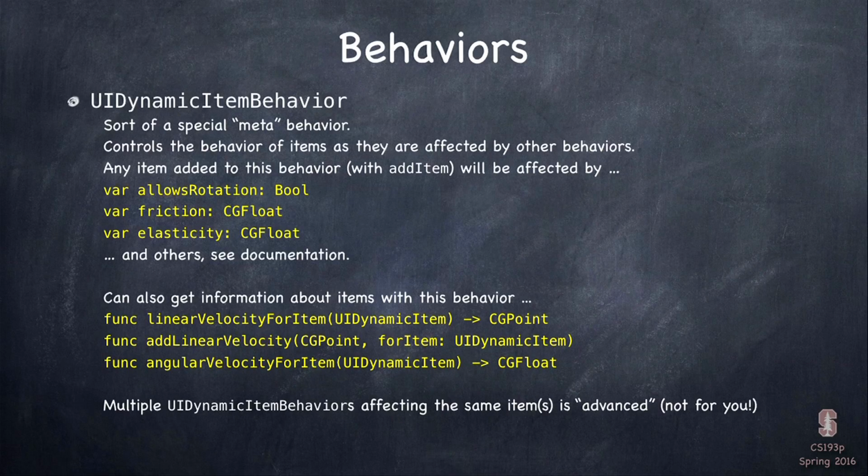It's also really cool because you can ask the dynamic item behavior for any item that's added to that behavior. You can say, what's its current linear velocity? Okay, I got some view, it's bouncing around the screen because it collided and gravity is pulling on it, and I want to know what's its velocity. Right now, at this instant, how fast is it moving and in what direction?